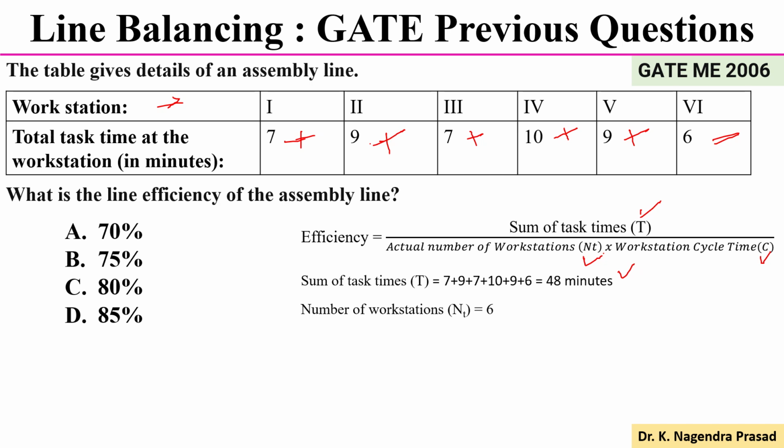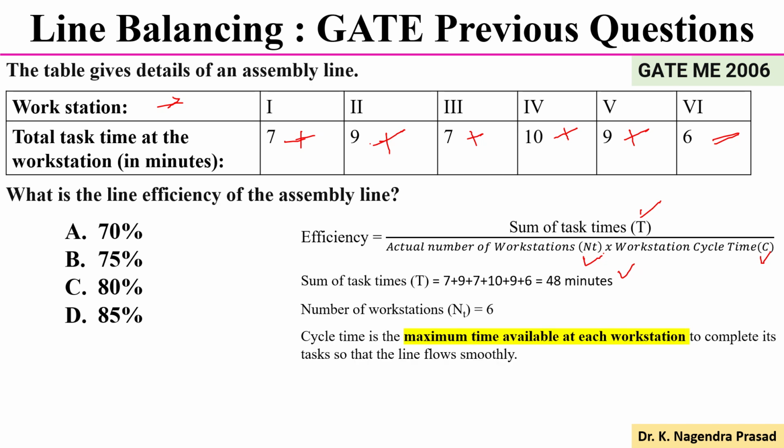Next we have to look for the workstation cycle time. So workstation cycle time equal to the total availability time divided by number of units produced. But in the data it is not given, but we know that cycle time is the maximum time available at each workstation to complete its task so that the line will flow smoothly.